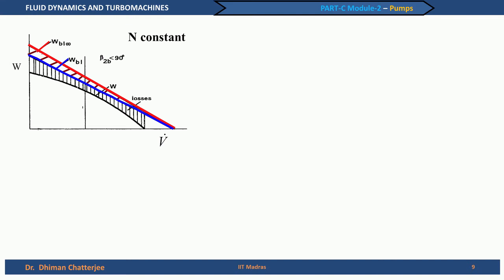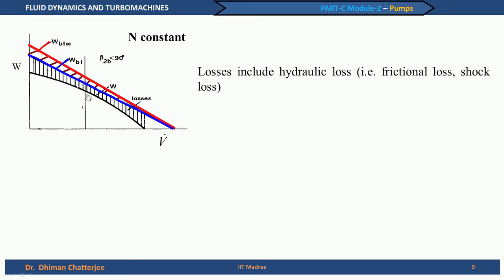The shock or incidence loss is minimum at the design point, nominally can be taken to be 0 at the design point, and it increases on either side of the design point, that is at flow rates higher than the design flow rate and at flow rates lower than the design flow rate. And hence, we get a point where you have the minimum losses.